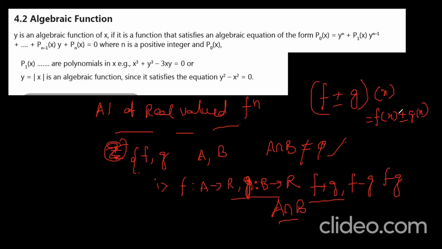Similarly, fg of x, the multiplication, is defined in the same way.